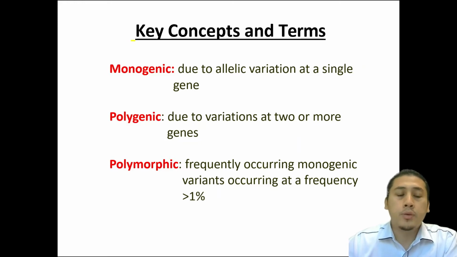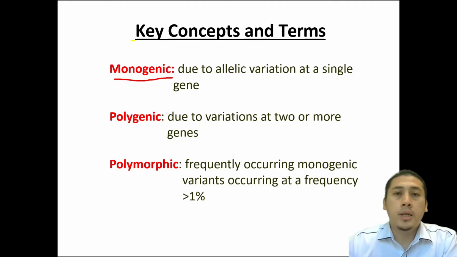And then the third one is polymorphic. It is frequently occurring monogenic variants, occurring at a frequency of more than 1%. It is monogenic variants, but because it occurs in more than 1% of the population, we call it polymorphic or polymorphism.